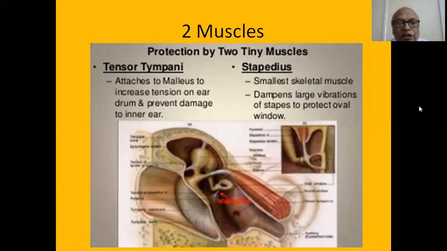What's its action? When you hear a loud sound, it contracts and increases the tension of the drum head and prevents damage to the inner ear.